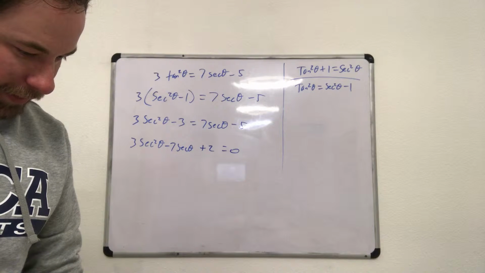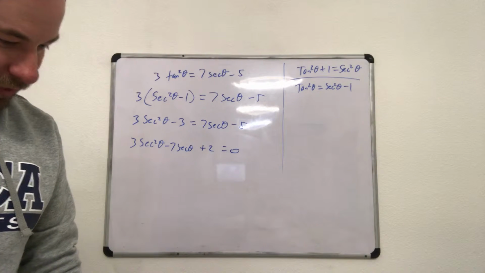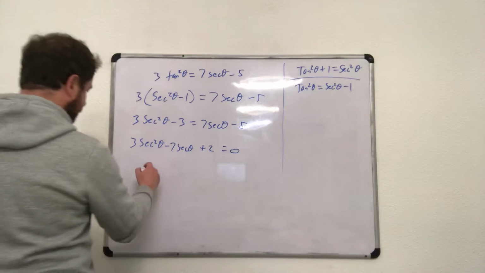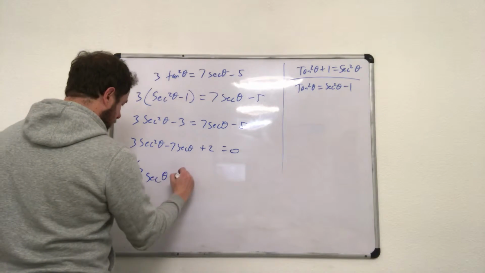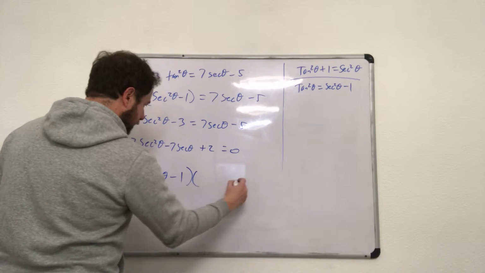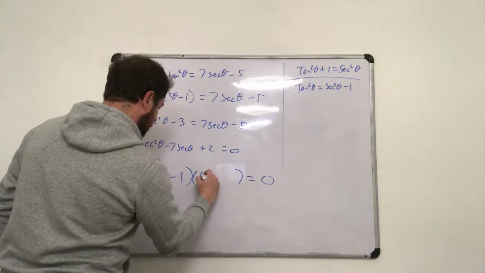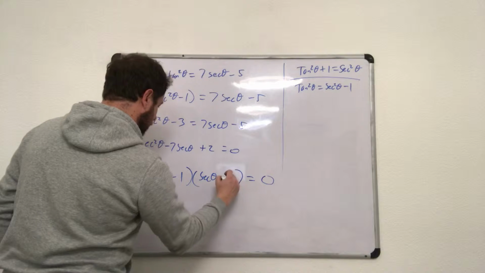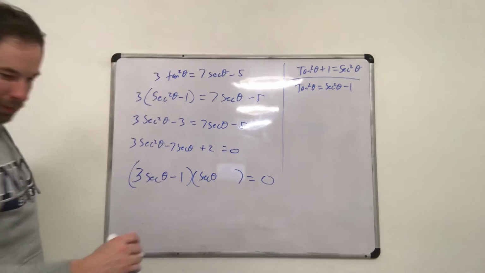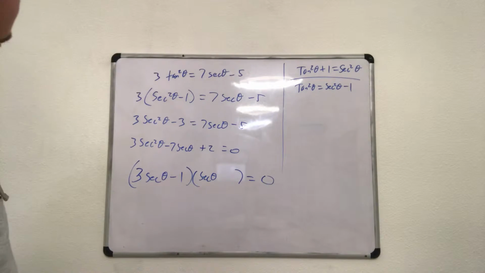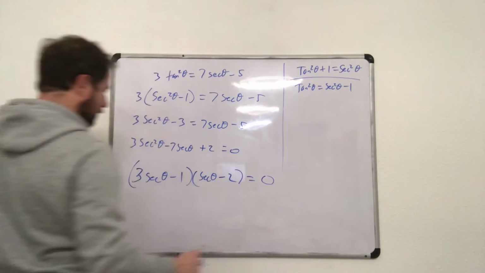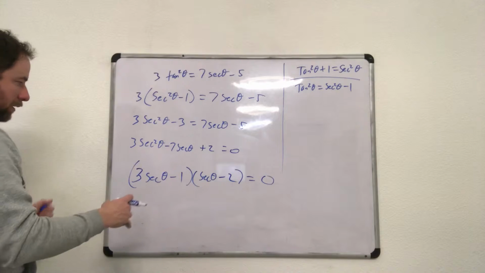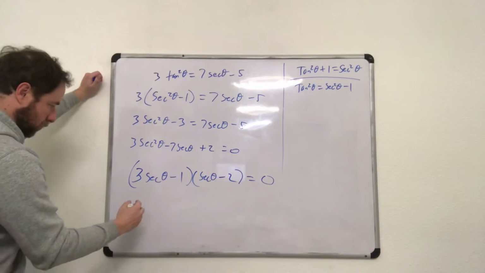So we're going to get 3 secant theta minus 1, and then the other one is going to be secant theta minus 2. So you're going to solve these individually.